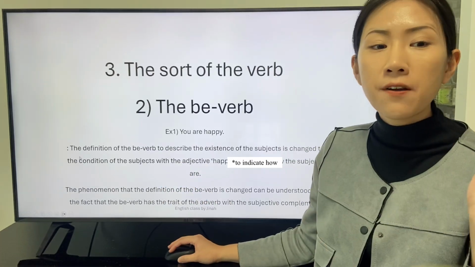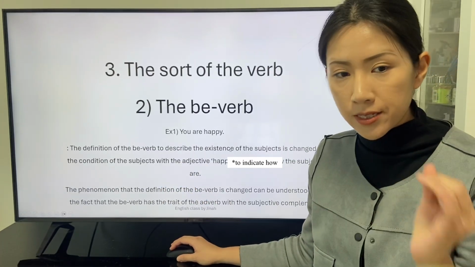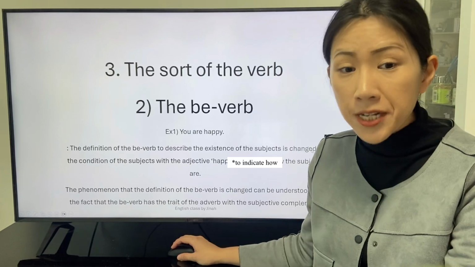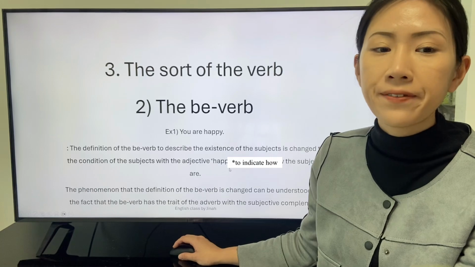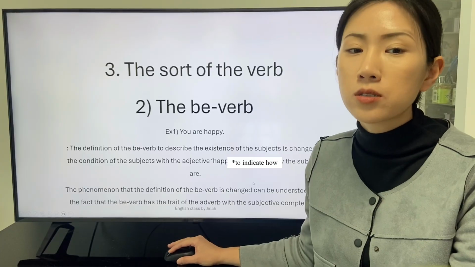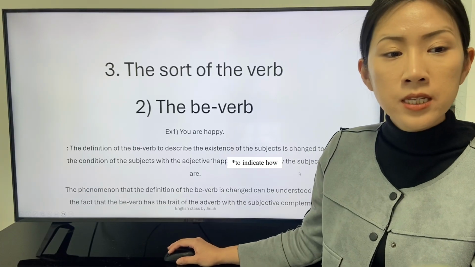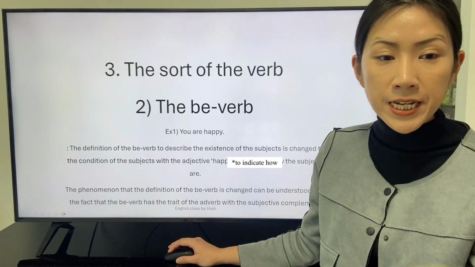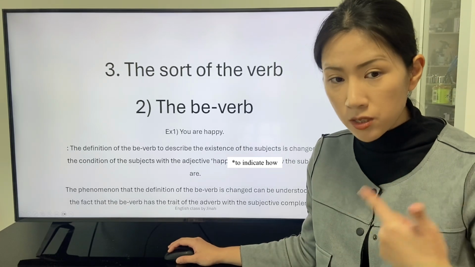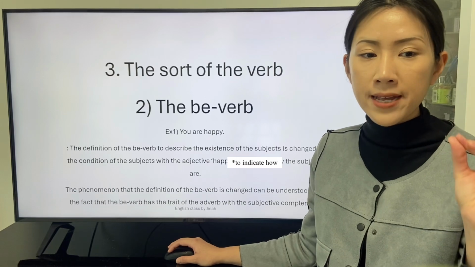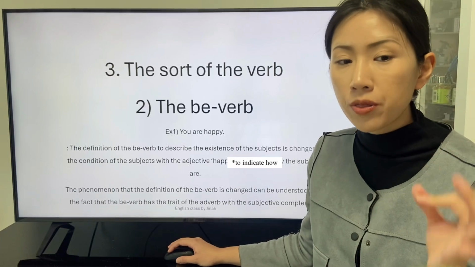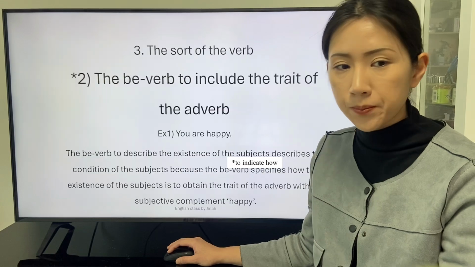The definition of the Be-verb to describe the existence of the subject is changed to the condition of the subject with the adjective happy, how the subjects are. This phenomenon that the definition of the Be-verb is changed can be understood with the fact that the Be-verb has the trait of the adverb with the subjective complement.